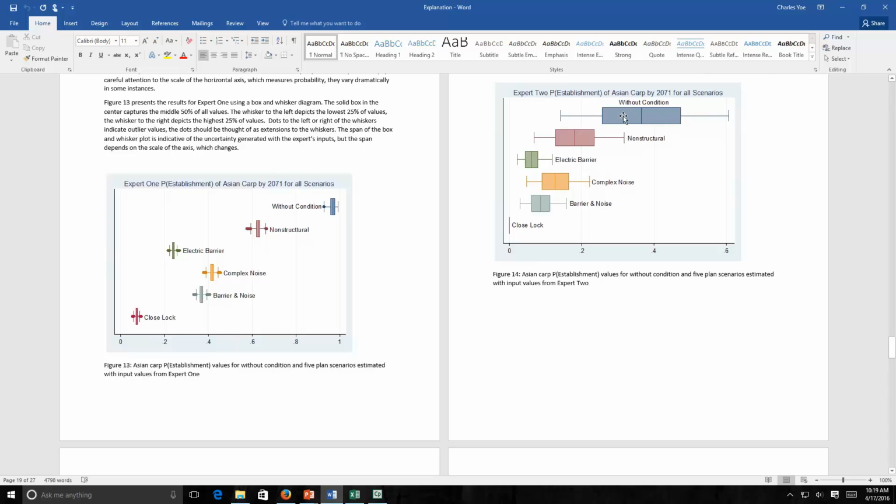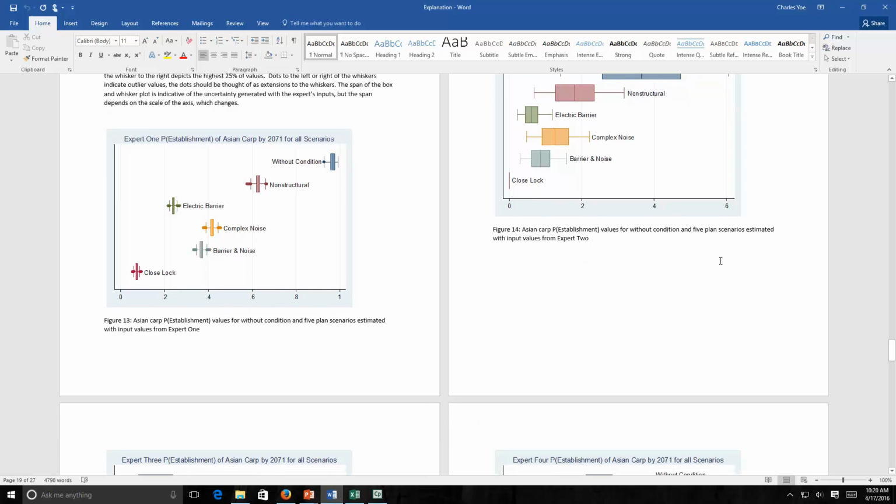Here we see the without condition, non-structural, complex noise, barrier and noise, electric barrier, and closing the lock. You'll notice again that there are differences. The scales are important. This goes from 0 to 1. This goes from 0 to 0.6.